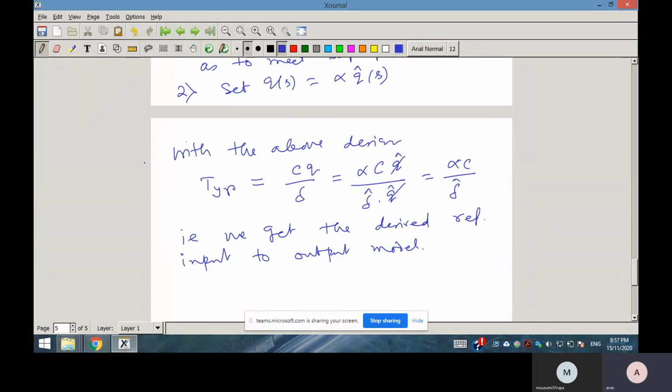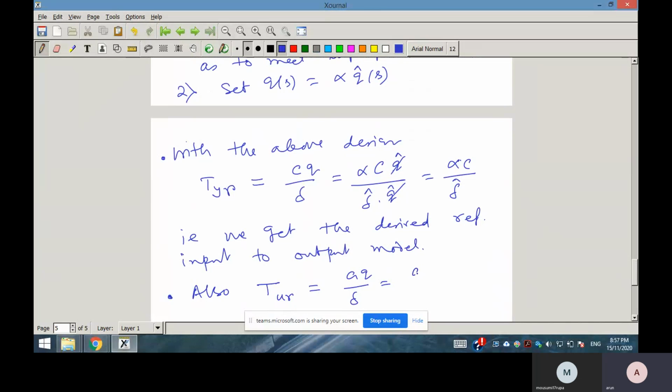So this is one thing. The second thing is that with the above design you can also see the TUR, that means the R2U transfer function. It will be AQ by delta.